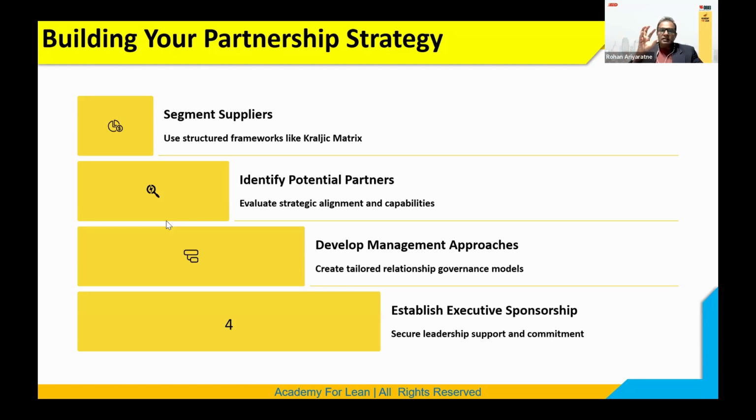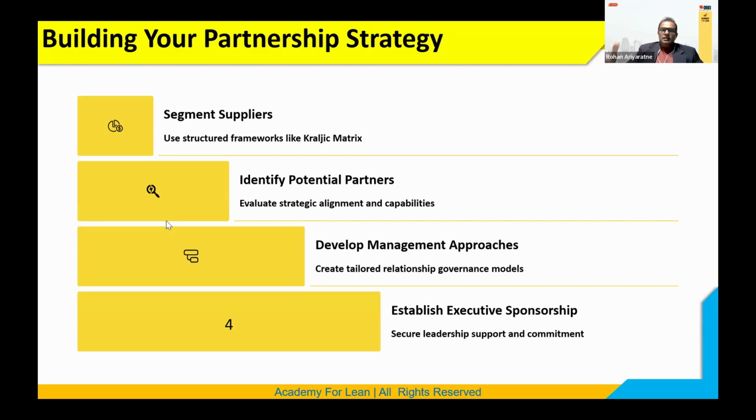You can understand the suppliers, how they are struggling, when you work with this partnership strategically. And then you have to identify potential partners and go and evaluate strategic alignment and capabilities, how they are performing there, and what capabilities you have.